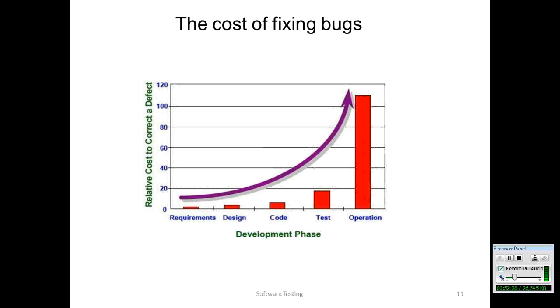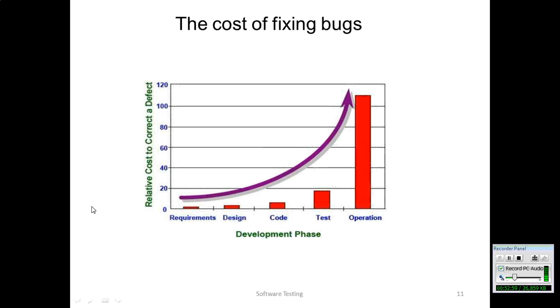If you see this graph, these are the different stages in software development, and these are the costs to fix those defects. Suppose these are in thousands. You are in the requirement phase, and you found a defect; to fix that problem, maybe it will cost you $10,000.